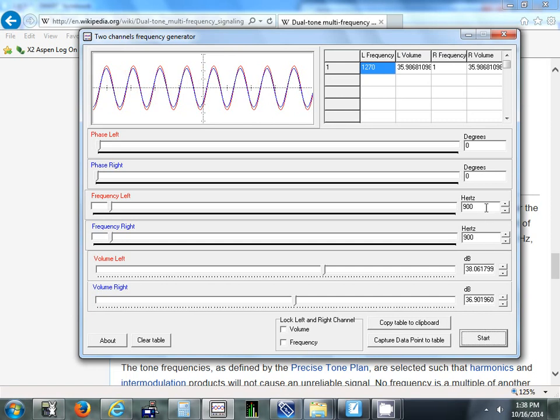Okay, there's 900. And then if I play 901, to me it sounds pretty much the same. Maybe if I played like 900 and 905, you might start to hear it. Okay, but the idea is that our ear can only hear so many different notes that actually sound different. Those are technically different, but they don't sound different to our ear because we don't have a sensitive enough ear.